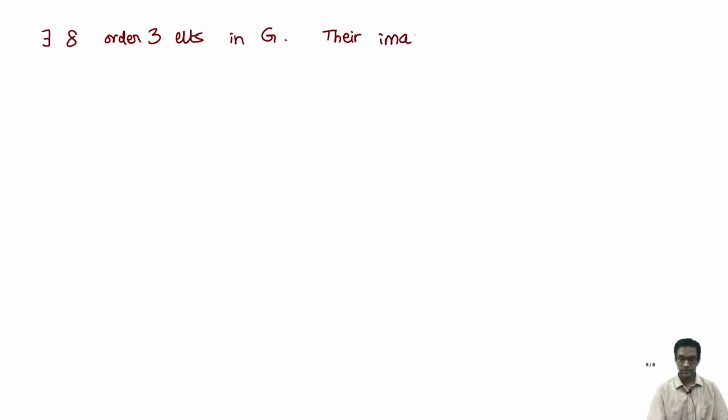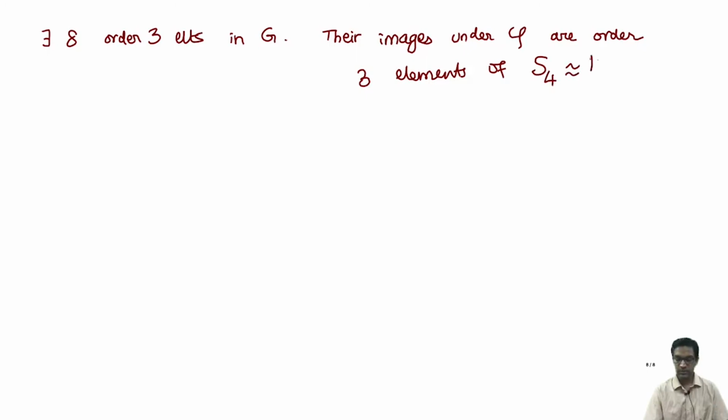Their images under phi are now order 3 elements of S4, which is the permutations of X, okay. So I am trying to understand what the image looks like. I know at least this much, that the image has these 8 order 3 elements, okay.